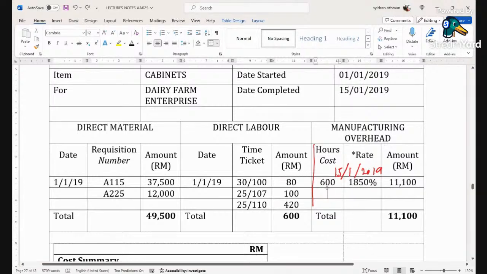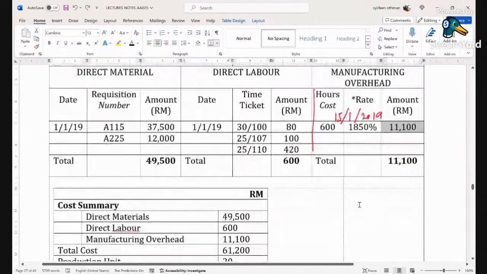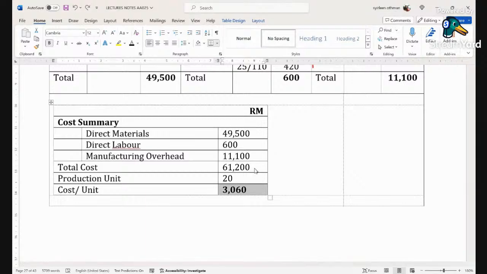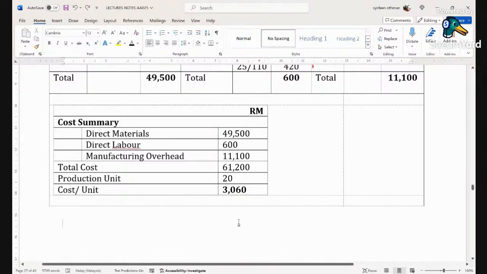Okay, so darab 600 ni darab 1,850%. Kita dapat 11,100. Okay, so the overall total untuk produce 20 cabinet is 61,200. So unit yang kita keluarkan 20 units. Okay, so the cost for one unit is 3,060 ringgit. Okay, so this is how you prepare your job cost sheet.